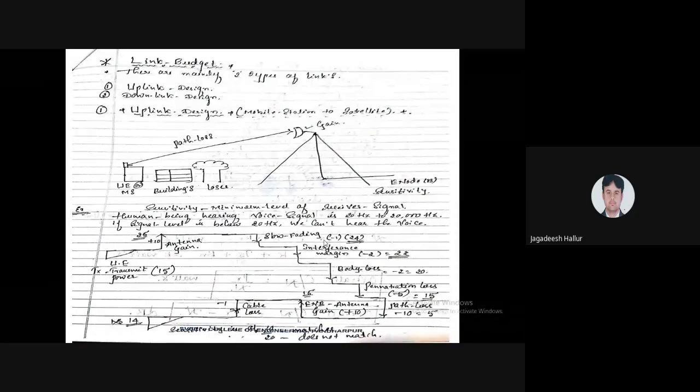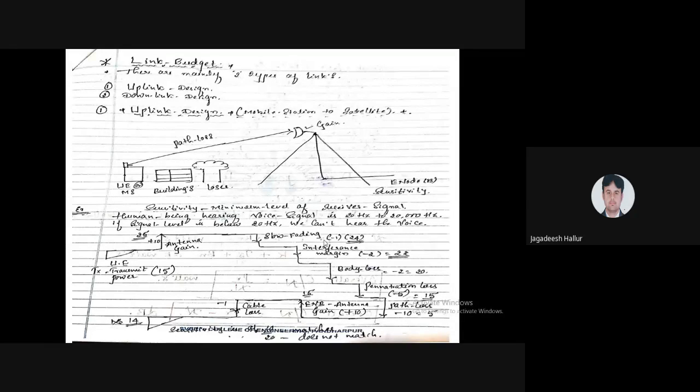If your signal is outside this range, you can't hear the voice. The signal must be greater than 20 hertz and near to 20 kilohertz. If your voice signal is less than this, you can't hear the voice. So the minimum level of sensitivity of a voice signal is 20 hertz to 20 kilohertz.